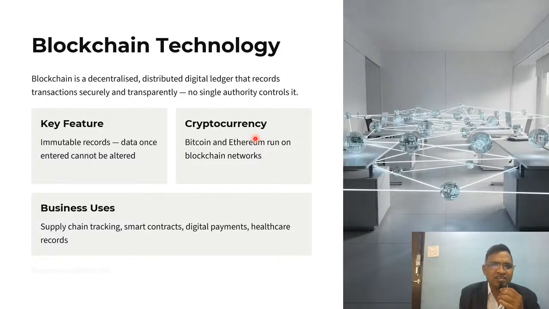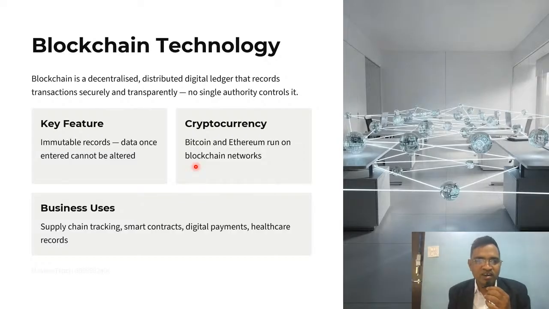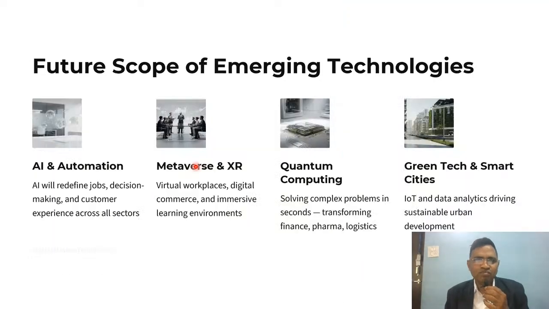It can be accessed anywhere. The key feature is immutable records: once data is entered, it cannot be altered or changed. Cryptocurrency, like Bitcoin, works on blockchain technology. Business uses include supply chain tracking, smart contracts, digital payments, etc.